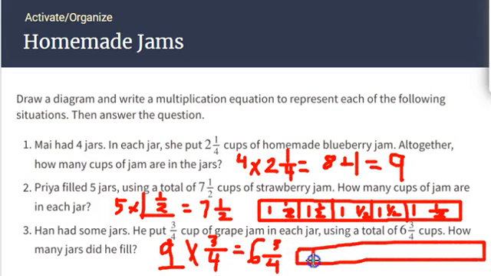With a tape diagram, we just need 9 parts. If each one of those is 3/4, 1, 2, 3, 4, 5, 6, 7, 8, 9. 9 times 3/4 gets us 27/4, which is the same as 6 3/4.